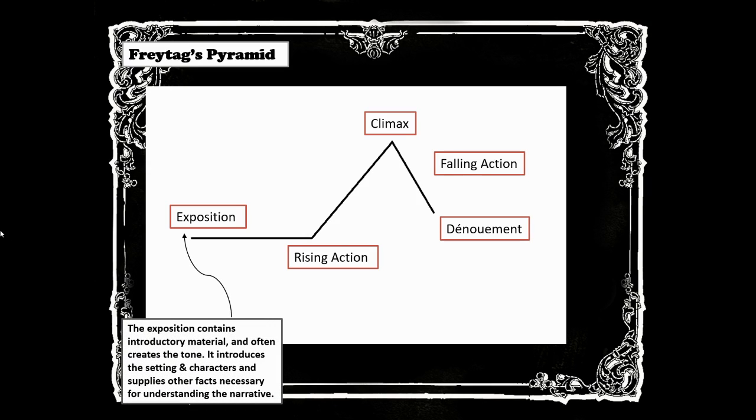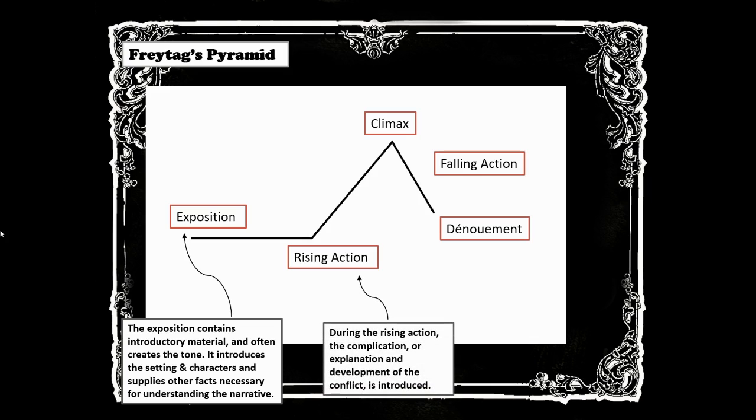So, the exposition, as we said before, contains introductory material, often creates the tone, introduces the setting and characters, and supplies other facts necessary for understanding the narrative. The rising action is where the complication or explanation and development of the conflict is introduced.